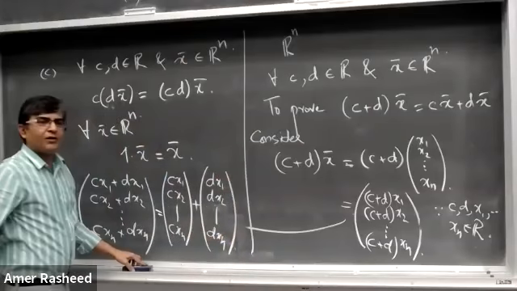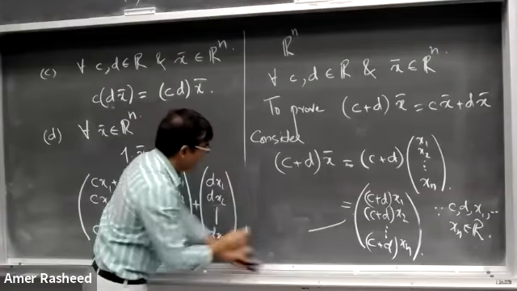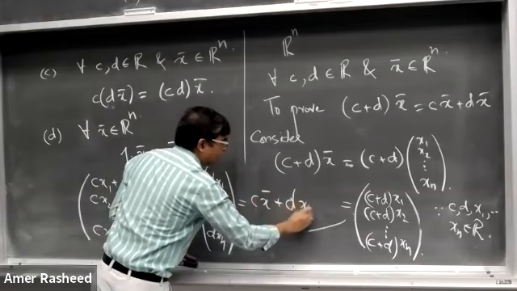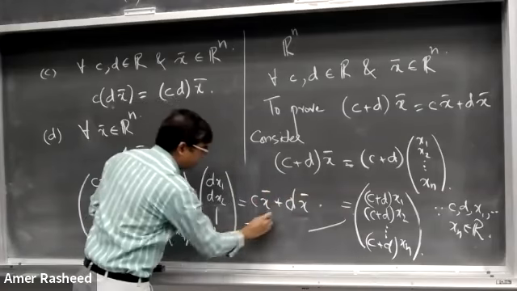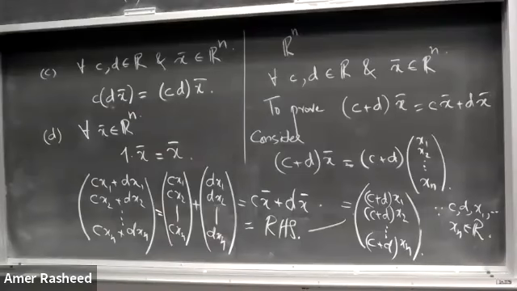And further, you can take c common, d common, and you can write finally cx plus dx. So this is what? The right hand side.